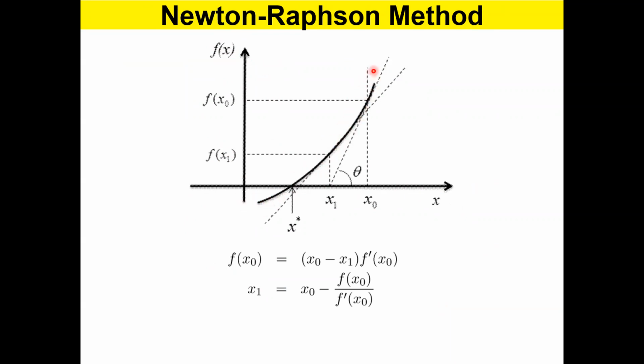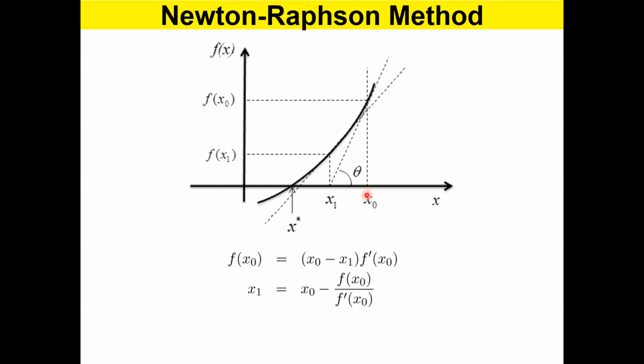If you pick up a point on the curve, let's say fx0, and make a tangent at that point, and it crosses the x-axis at a point, let's say this is x1, and this is the tangent of the function at this point. Let's say this is x0.